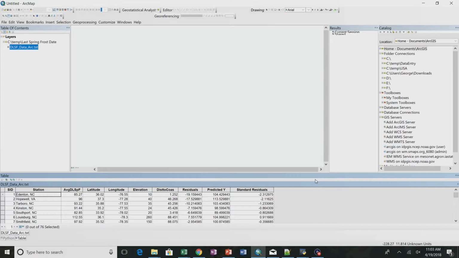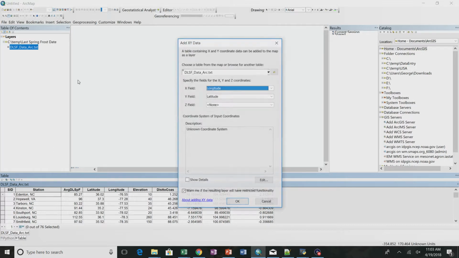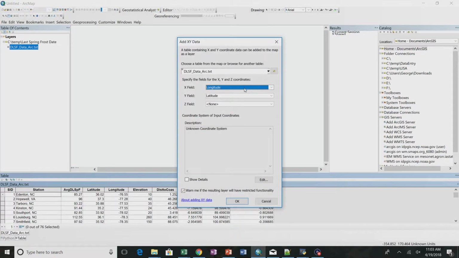So I could go ahead and make this into a map by saying Add XY Data and choose the X field would be the longitude, latitude would be Y, that's right.